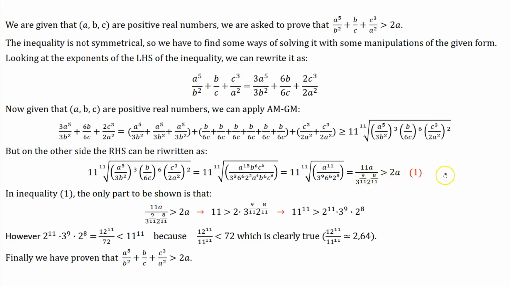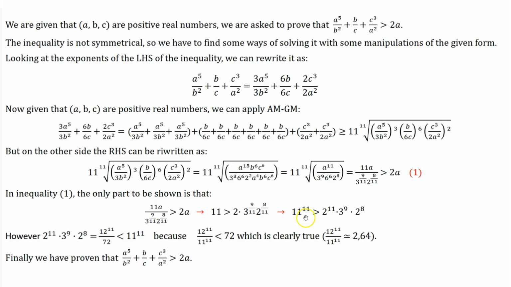In this inequality, we reduce a on both sides and take these terms to the right-hand side. We need to prove that 11 is greater than 2 times 3 to the power 9 divided by 11 times 2 to the power 8 divided by 11.